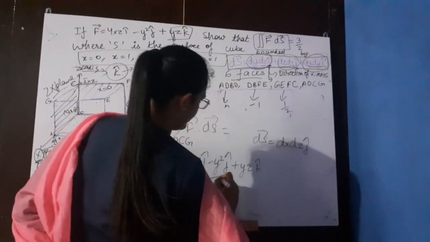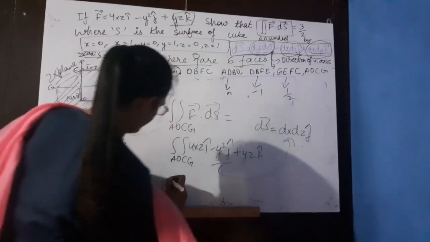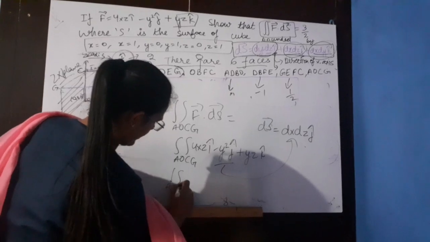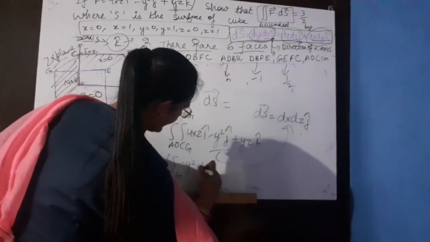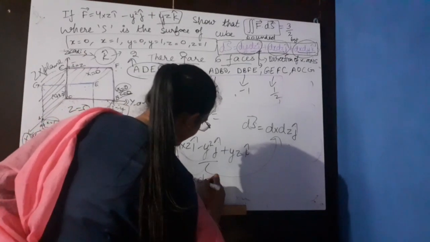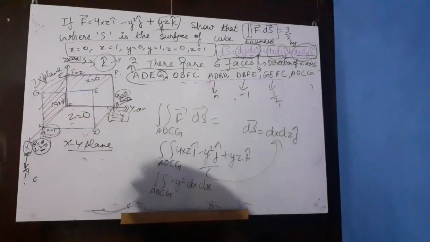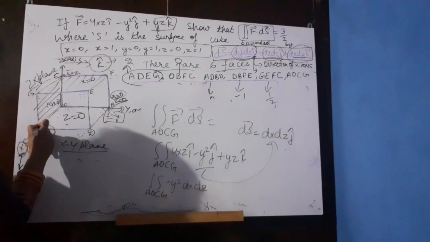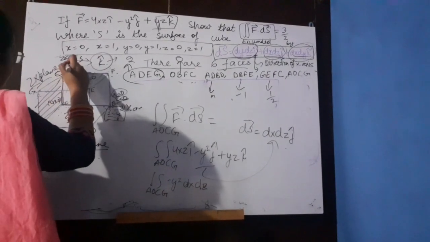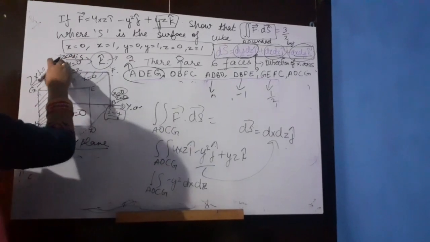So j dot j is equal to 1, and we get minus y square dx dz. But in the zx plane, our y is equal to 0 here, and also on the z axis.